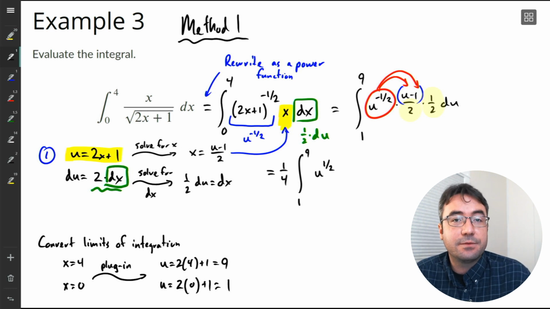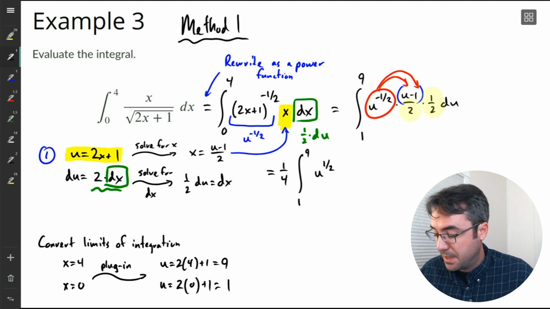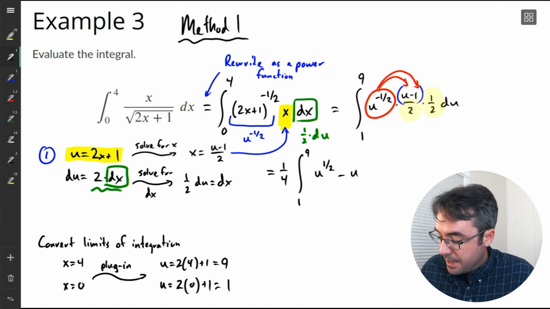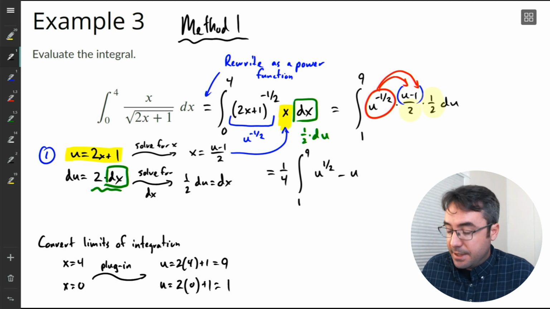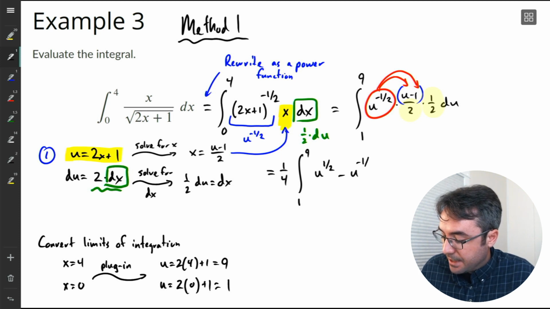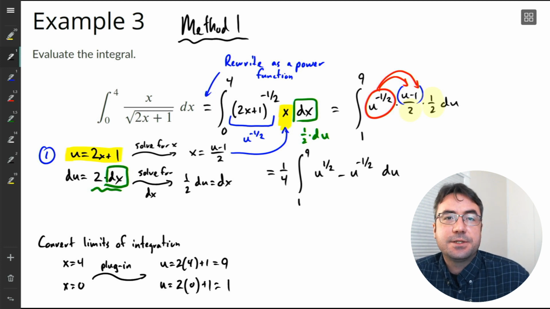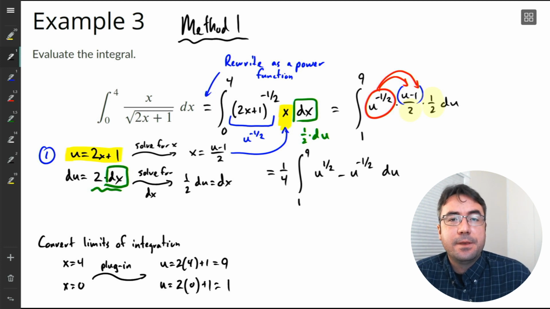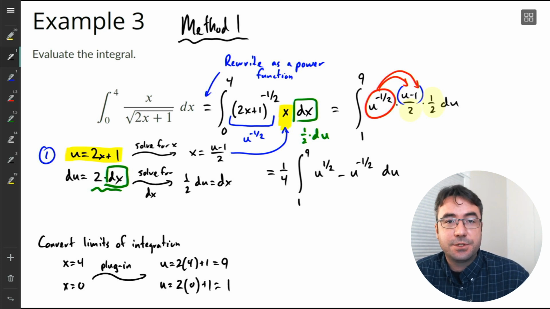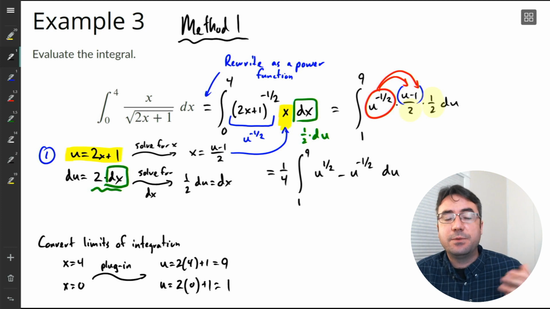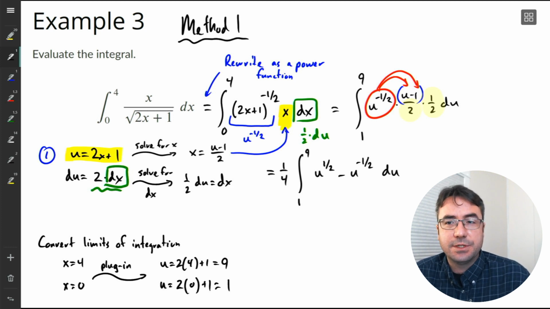So that's u to the negative 1/2 times u, minus, and then the u to the negative 1/2 times that minus 1 is going to give us minus u to the negative 1/2. So we had to multiply that out in order to get it in a form we can integrate now. It's just a couple power functions, and we know how to handle power functions.